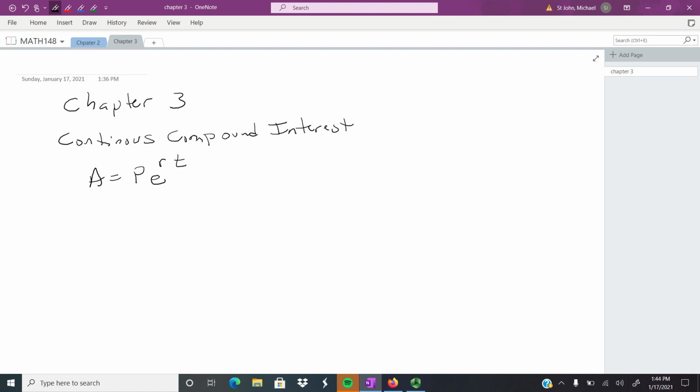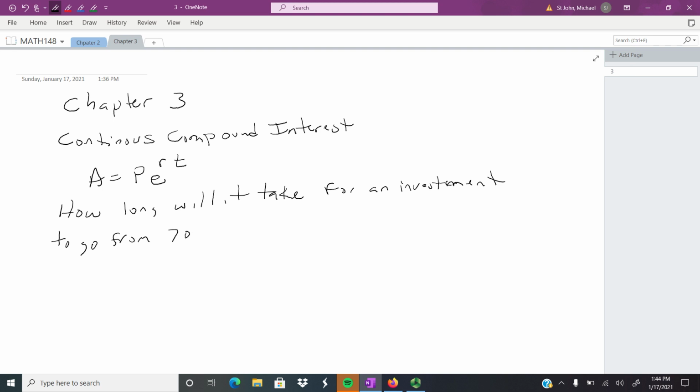So we get a question like this: how long will it take for an investment to go from 7,000 to 10,000 at 4%?